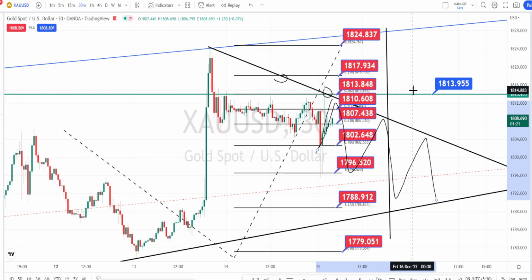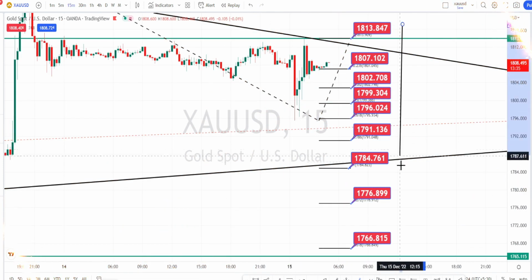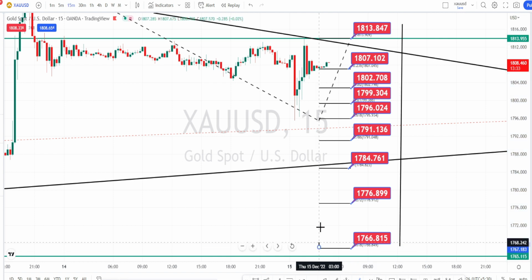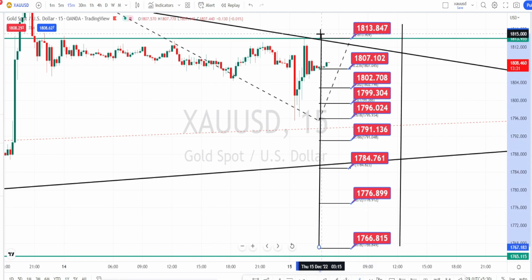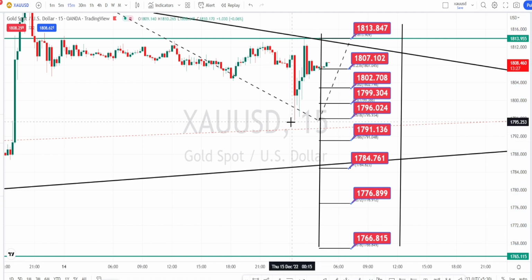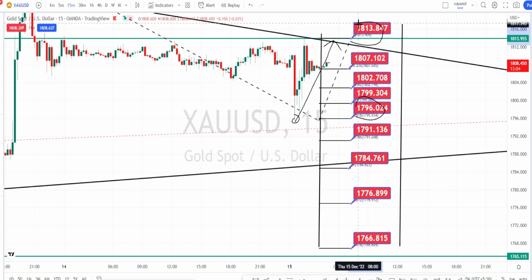Let us mark the support and resistance levels for 15 minutes time frame. So the values within this red color boxes are the resistance and support levels for current price action in 15 minutes time frame. Currently we are noticing the price action to take support around the support level of 1796 and to bounce back on the bullish side retracement. And if the bullish side retracement continues, the immediate resistance is going to be around 1813.